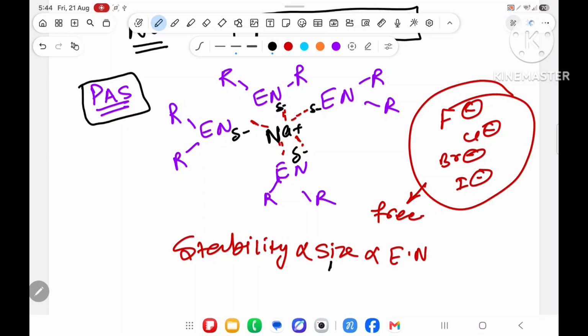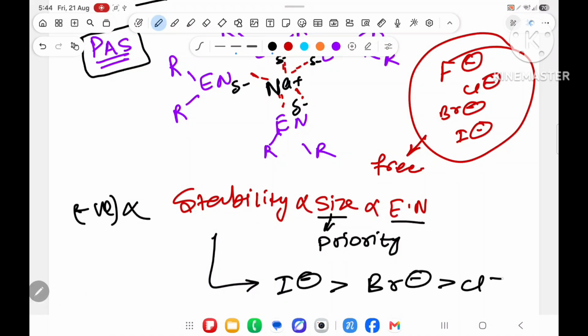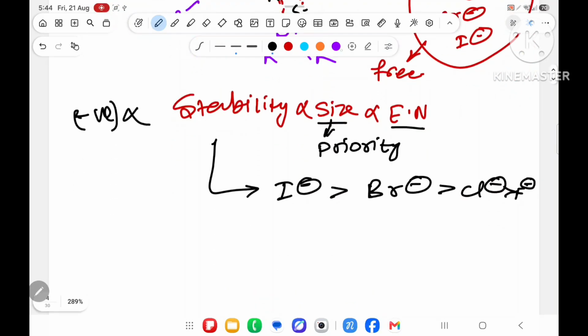But priority is given to size. Iodine has more size, so I minus is more stable. Then Br minus, then Cl minus, then F minus.